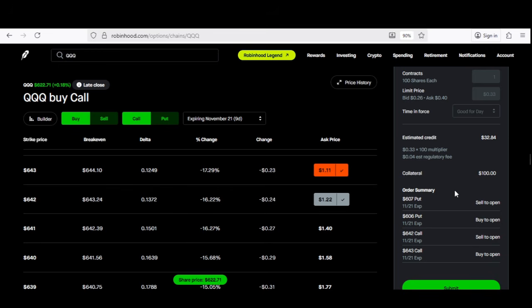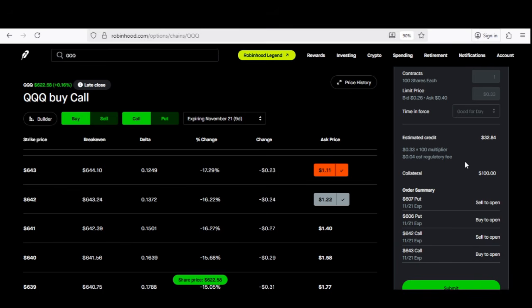Now, a key thing to note: whenever you decide to do this strategy, especially the Iron Condor, the 2 best ETFs to do it with are the QQQ or the SPY. The reason for that is because this option strategy has so many legs, you need to do it on stocks or ETFs that have high trading volume.